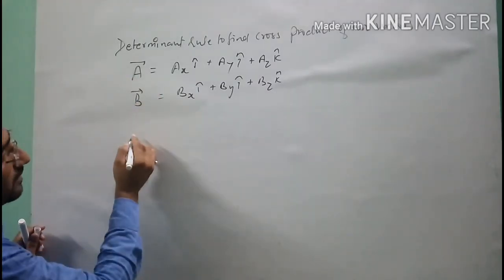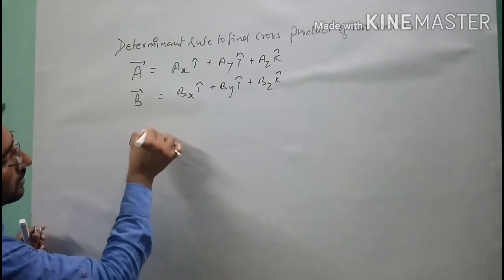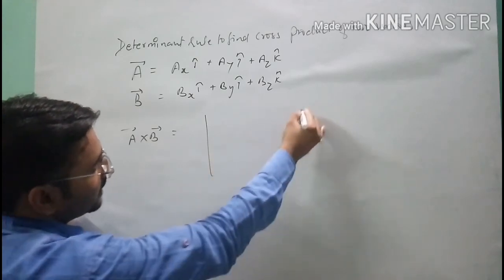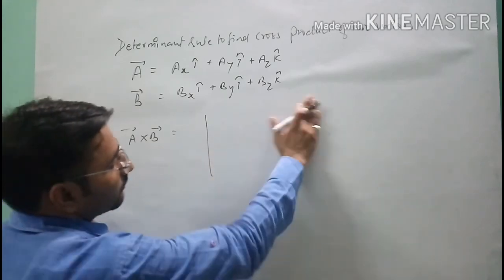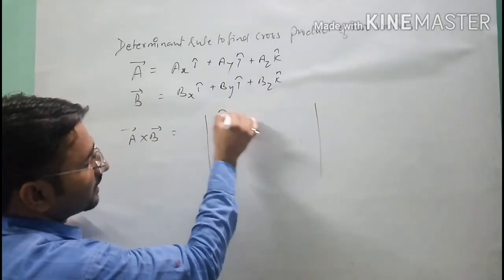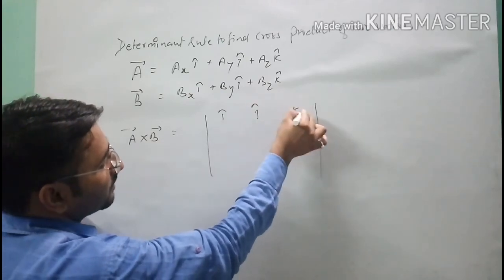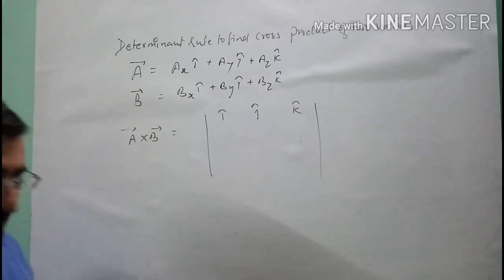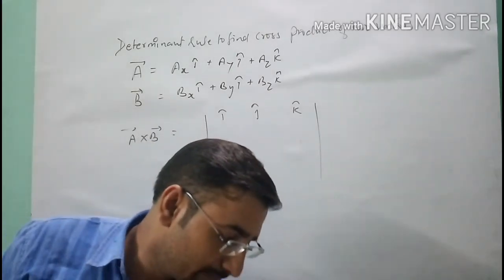So when I want A cross B with the help of this rule, I will use a determinant symbol, and at the top, every time we want to calculate the cross product of two vectors, I write i, j and k.